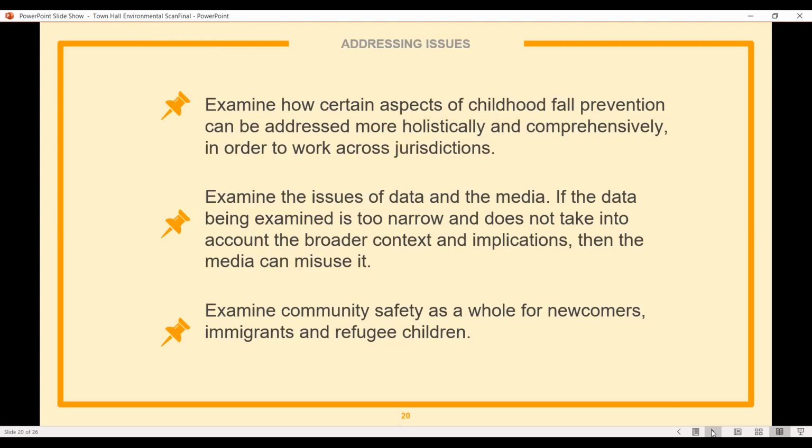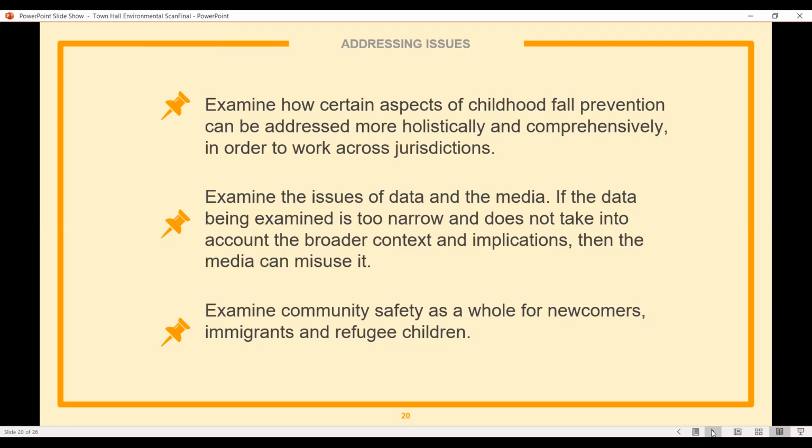And also the whole issue of data and the media particularly. We know that often enough, when the issue of childhood fall prevention is brought up, it is on the basis of singular indicators and media focus that may be just in one area, that complicate issues, that may be too narrow and not sending the right message.